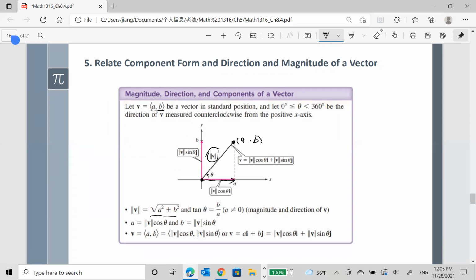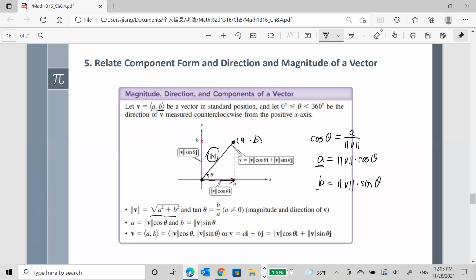And we have learned if I do the cosine, cosine theta equals a over the magnitude of v. So if I'm looking for a, a equals magnitude of v times cosine theta, and b is the same, equals the magnitude of v times sine theta.